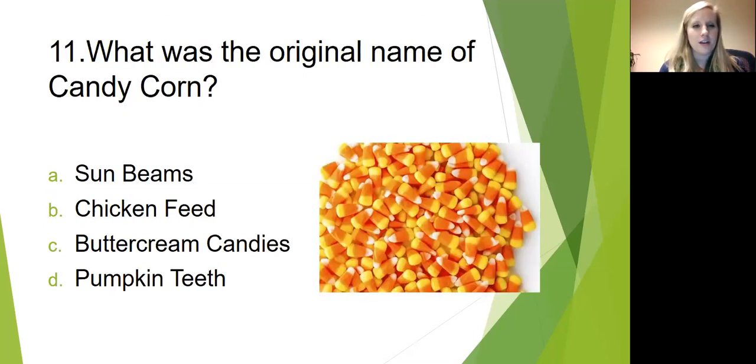Question 11. What was the original name of candy corn? Was it A, sunbeams, B, chicken feed, C, buttercream candies, or D, pumpkin teeth?